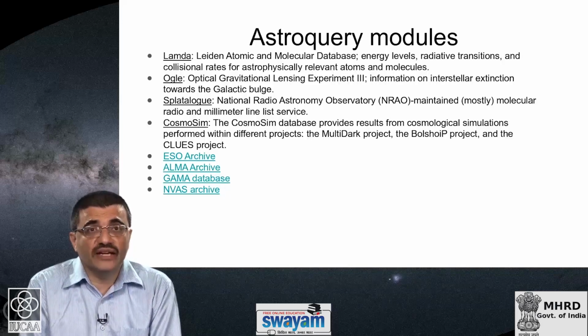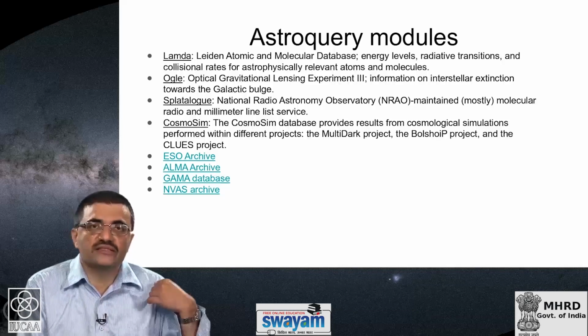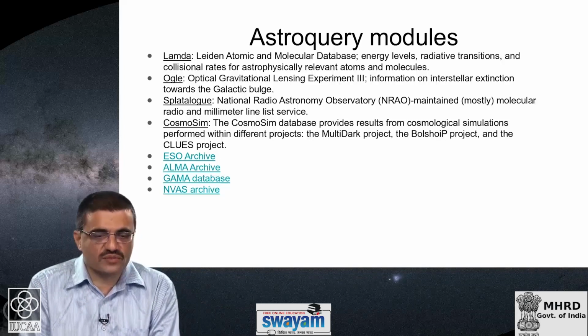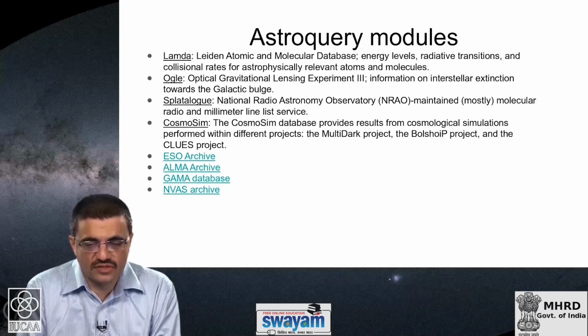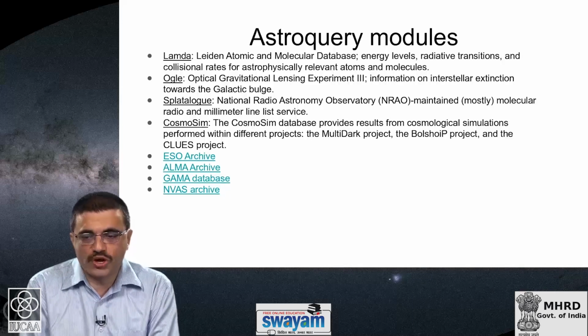So far we have looked at data, but there are also simulations that can be accessed now through AstroQuery. So, there is something known as the CosmoSim database, which provides results from various cosmological simulations like the Multi-Dark project, the Bolshoi project and the CLUES project.